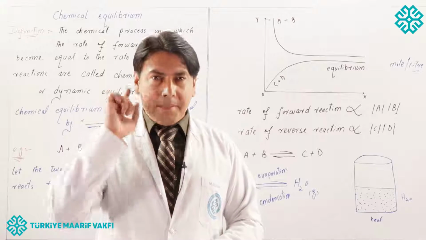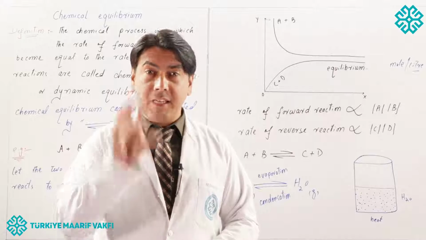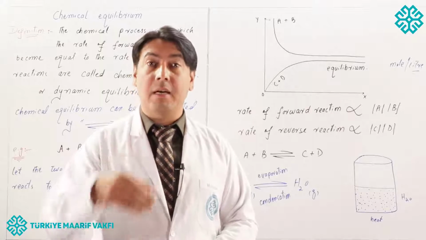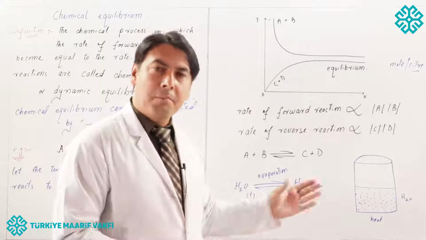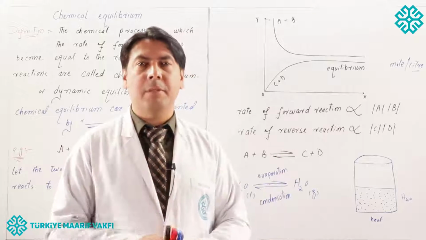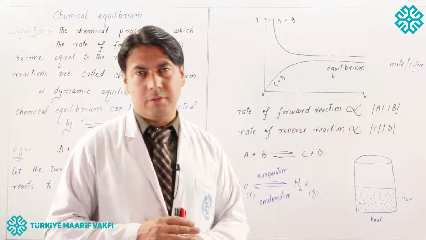If the equilibrium is in a chemical process, then it is called chemical equilibrium or also dynamic equilibrium. But this one is called simply dynamic equilibrium, not chemical equilibrium.